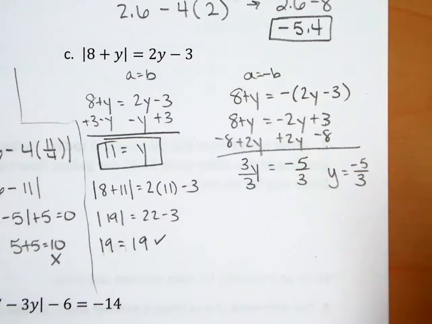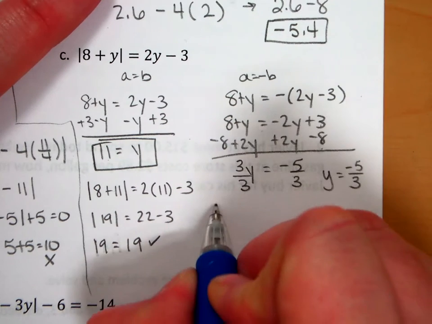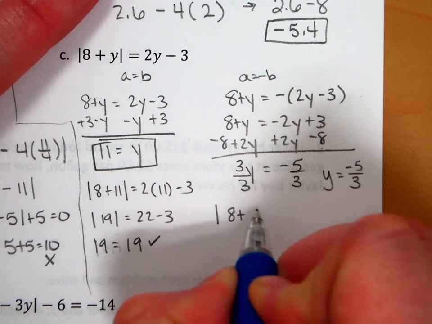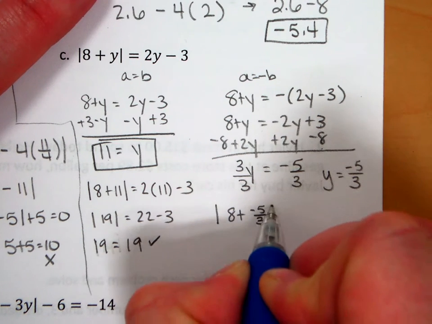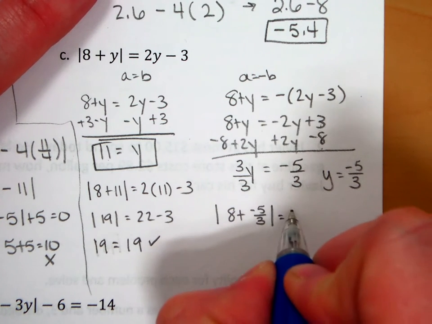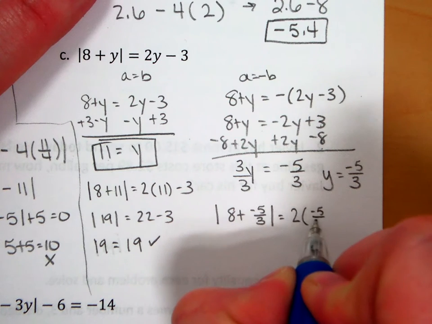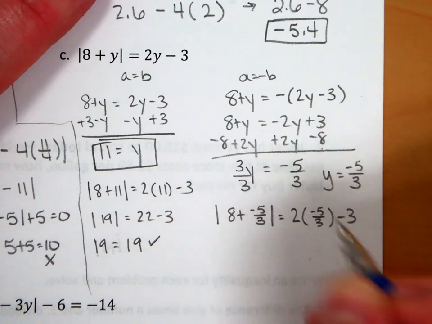So y equals 11 is a solution. Now doing the other one, the absolute value of 8 plus negative 5/3 equals 2 times negative 5/3 minus 3.